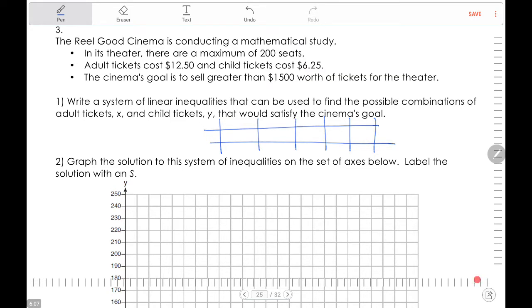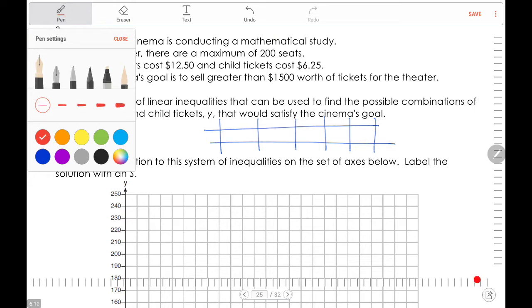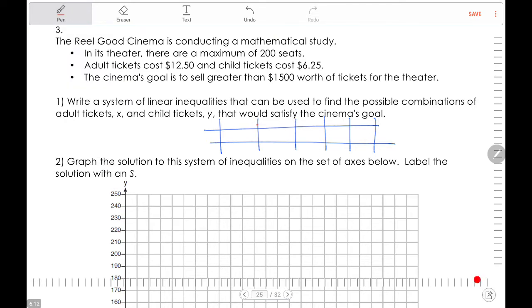Okay, so we have seats, tickets, adult, child, and our total for seats is 200, and our total for ticket prices is 1,500.